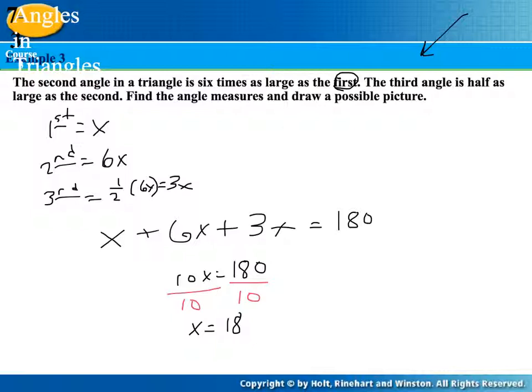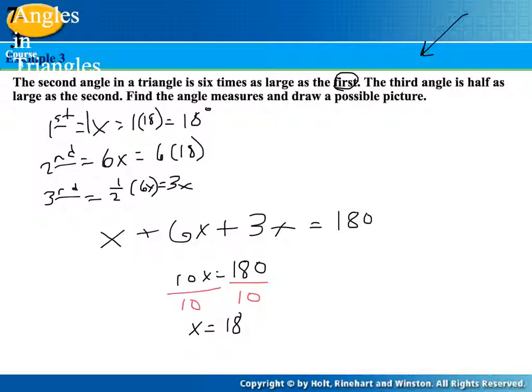So when you look at this, my first angle is x. Well, that's the same thing as 1 times 18. Why is it 1 times 18? Because it's 1x. 1 times 18, my answer is 18. Is that correct? No, it's 18 degrees. 6x, my angle measure is 6 times 18.